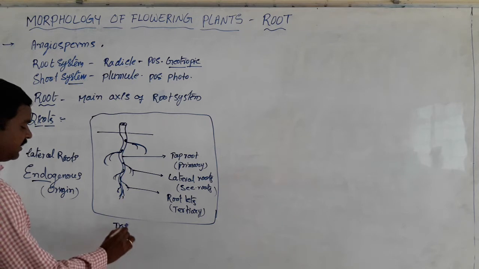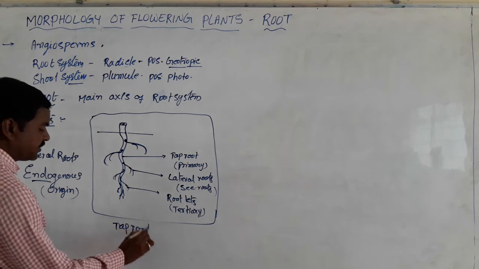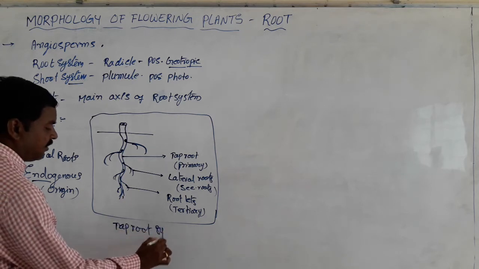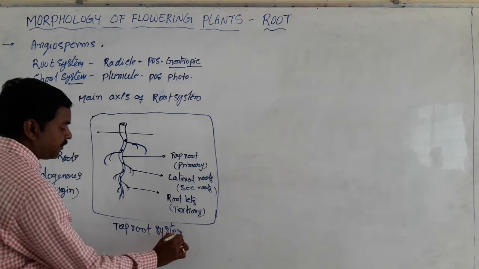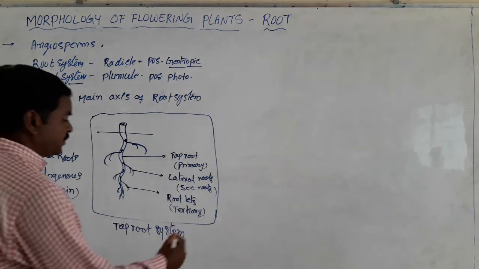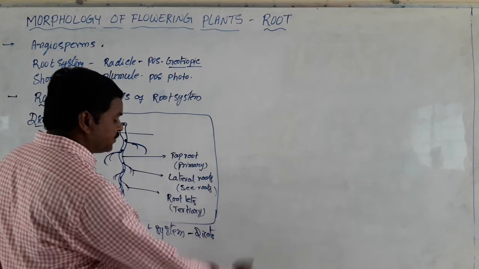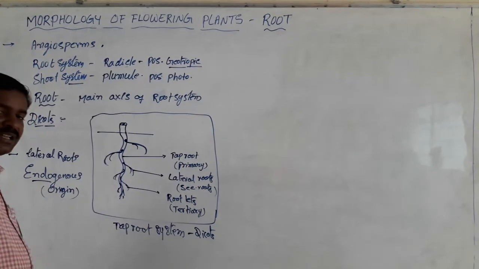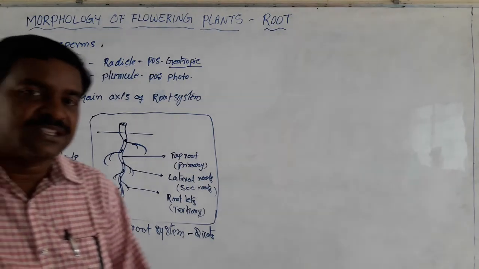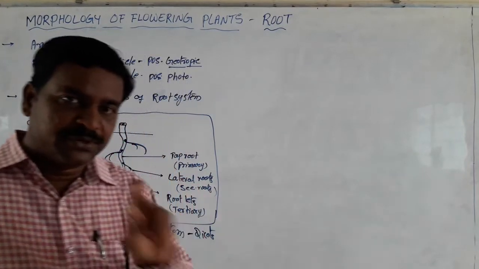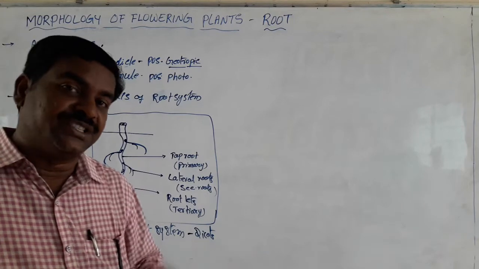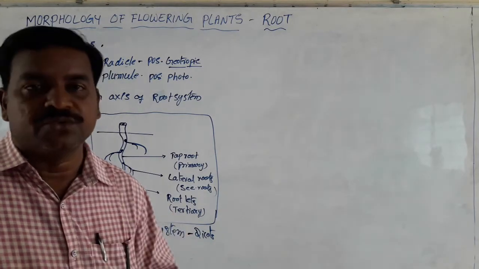This is a taproot system because a taproot is there. This taproot system is common in dicotyledonous plants. Generally, root systems are of two types: the taproot system, and the fibrous root system or adventitious root system.